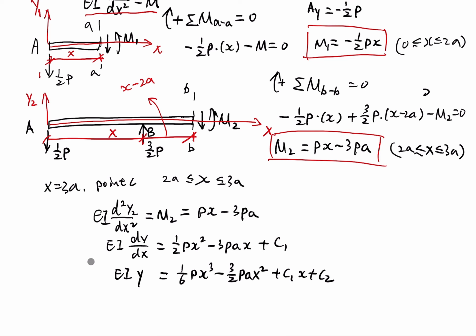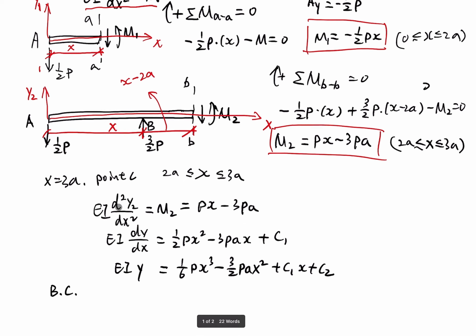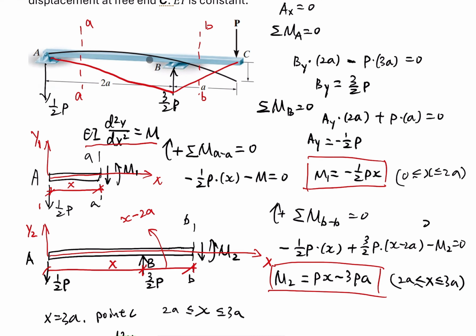So we need to apply the boundary conditions. Look at the beam here. At support B, the displacement equals 0.